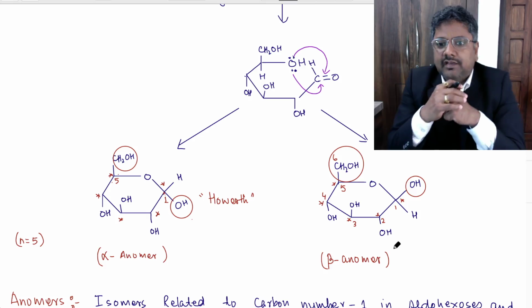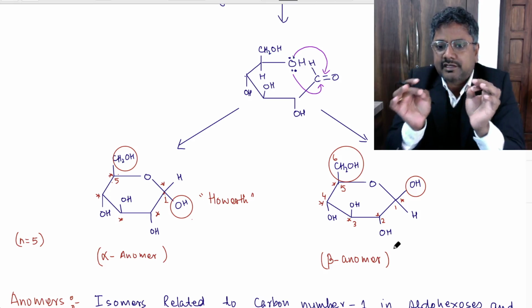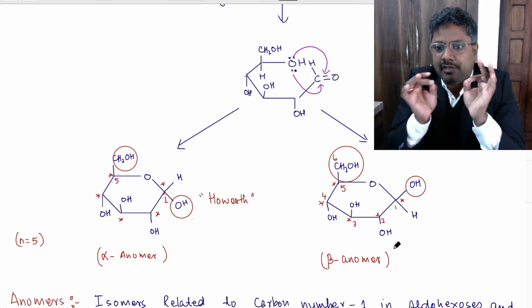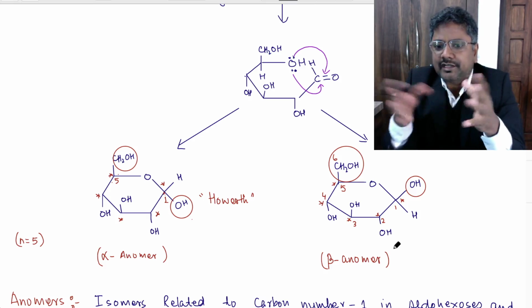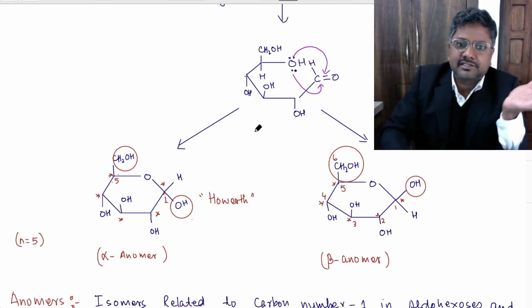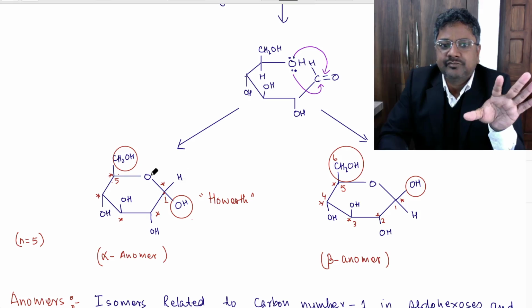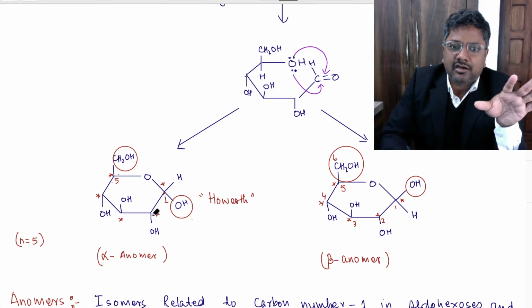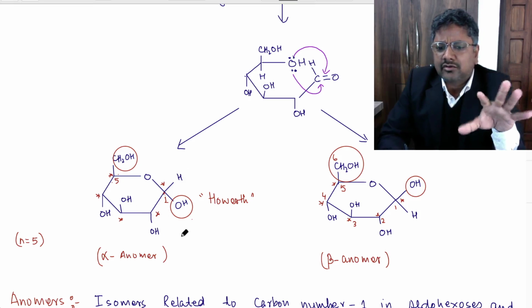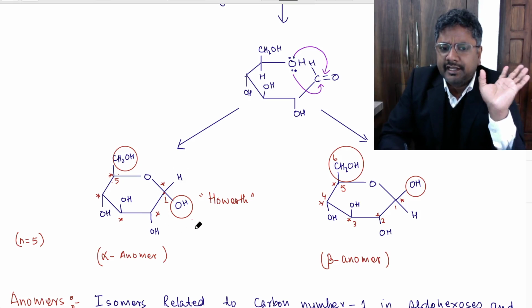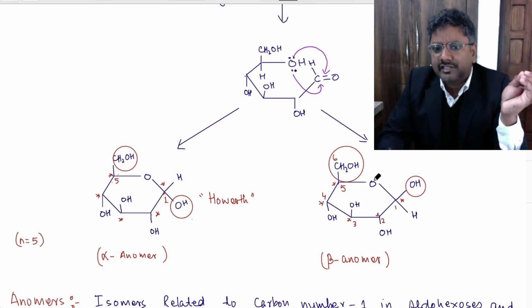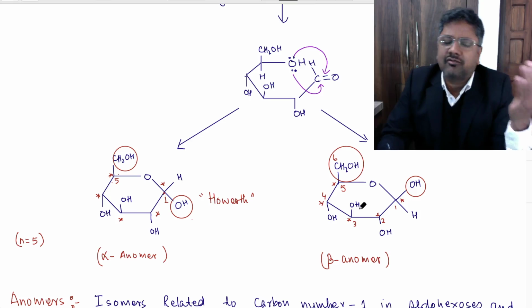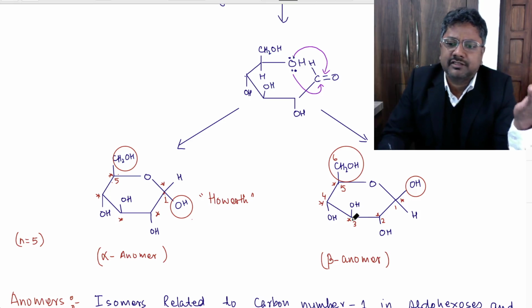So alpha anomer and beta anomer, this is the best way to determine. Suppose the examiner gives you a structure not like this, with the oxygen here or somewhere else. Then you don't look at whether the oxygen is here or not. This is the proper Haworth formula for sugar.